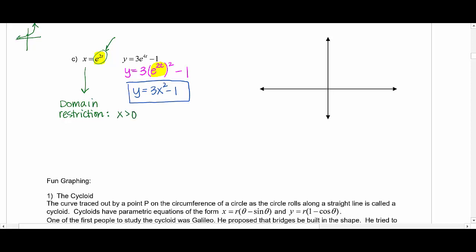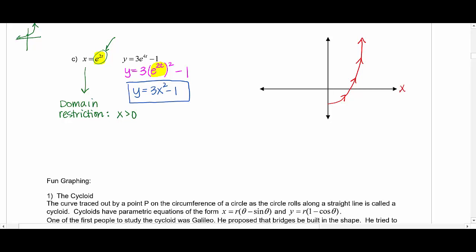And so when I draw my parabola, I'm actually only going to draw the right-hand side of this parabola. So it is down 1, vertical stretch by a factor of 3. And I'll have my arrows on there because it's parametric mode. So as t increases in my parametric equations, my values for x and y will also increase.